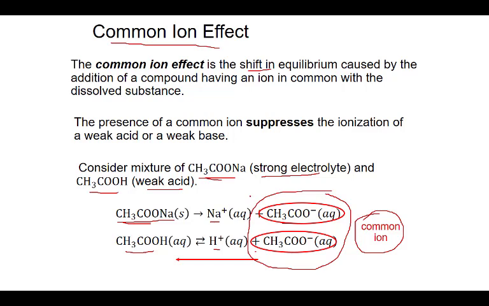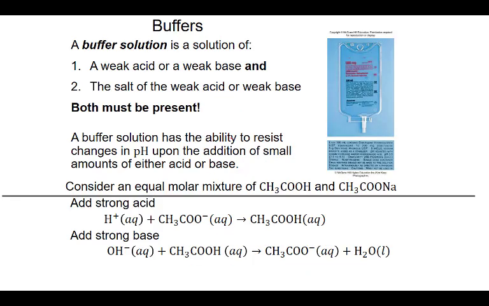So the common ion effect is the shift in the equilibrium when you combine two chemicals, a weak acid with a corresponding strong electrolyte, or a weak base with a corresponding strong electrolyte. So this combination is called a buffer. A buffer is a special mixture which resists the change in pH upon addition of small amounts of acid or base.